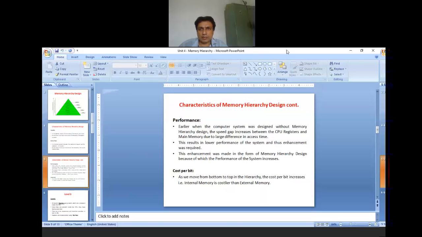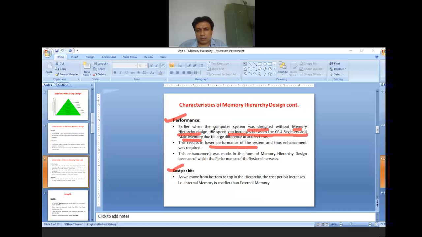The other important characteristics of memory hierarchy are performance and cost per bit. In the case of performance, earlier when the computer system was designed without memory hierarchy design, the speed gap increased between the CPU registers and the main memory due to large differences in access time. This results in lower performance of the system. Thus, enhancement was required.